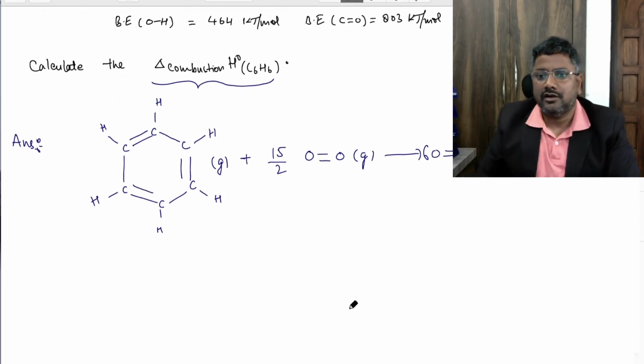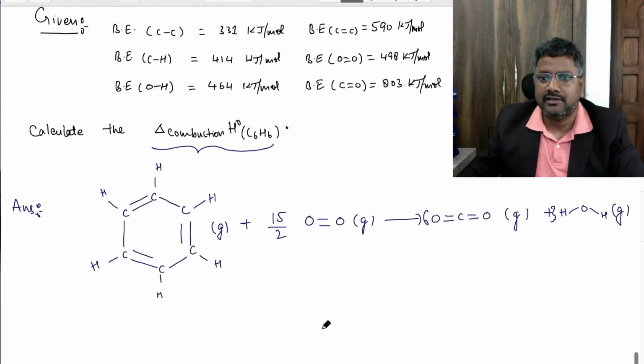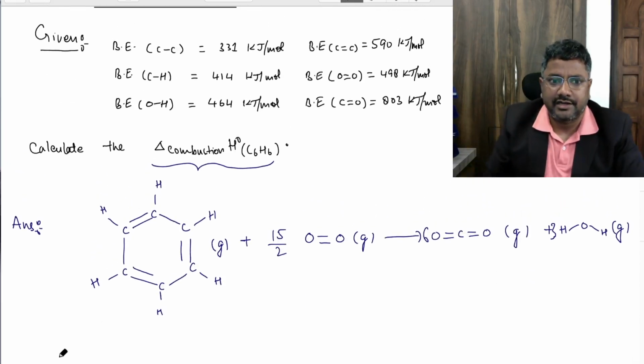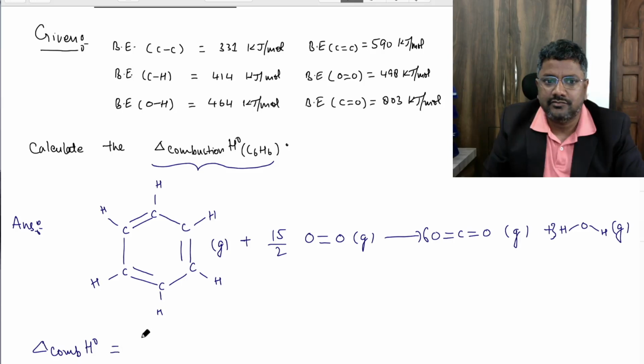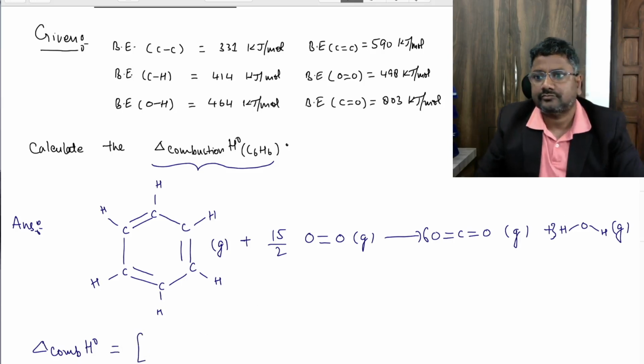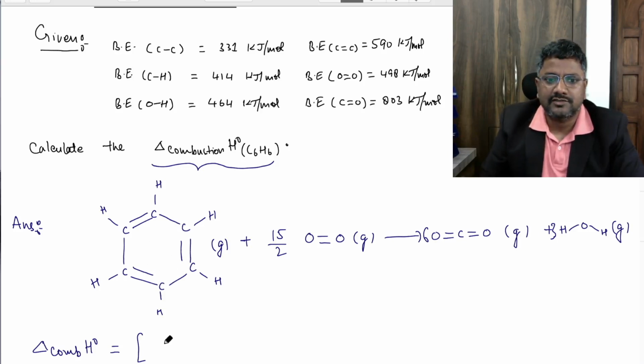Now we can formulate the equation for delta H of this combustion. Delta H combustion is equal to, see, how many C double bond C? We are doing reactant minus product. So first we are writing what? Reactant. So how many moles of C double bond C? 1, 2, 3.